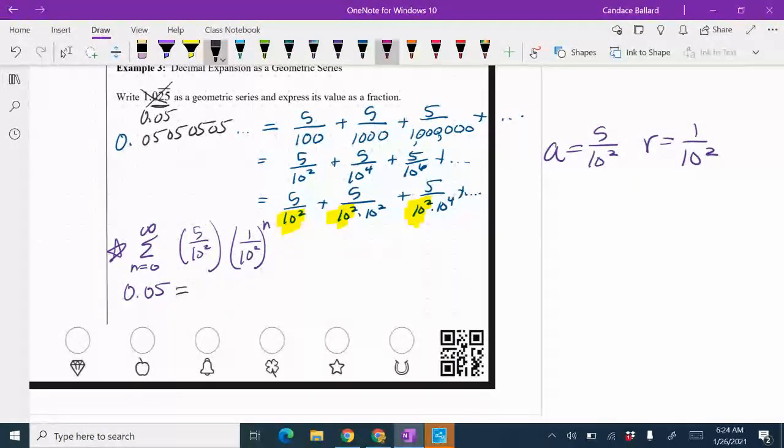So 0.05 repeating equals my first term. I'm going to use the formula A over 1 minus R to write this as a fraction. I know my first term is 5 over 10 squared. And then I'm going to do 1 minus my ratio, which is 1 over 10 squared.